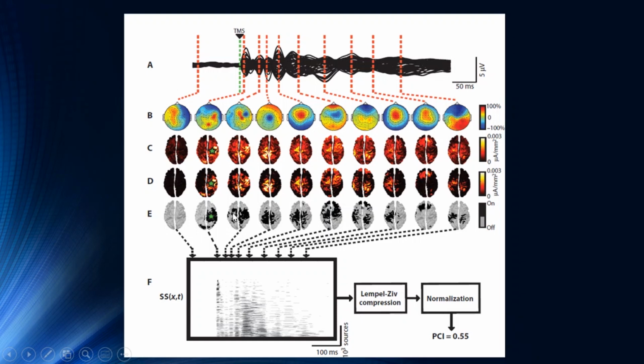So you threshold it, let's say, to the top 10% of the activations, and then for each region in the brain, you encode this through time, and here you have the trace across time of what's happening after this TMS pulse. Then you compress this stream of data with Lempel Ziv compression. Then you normalize it and you get a PCI index, a perturbation complexity index. With this number we can delineate conscious state robustly.